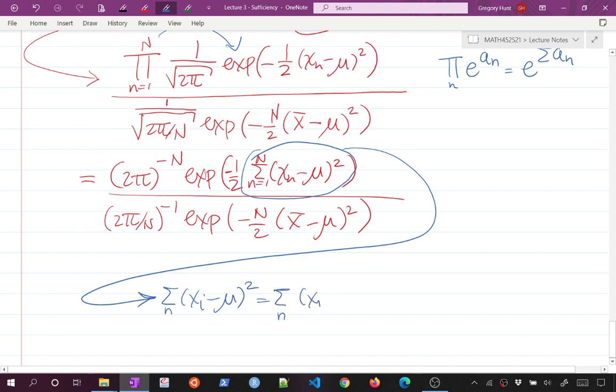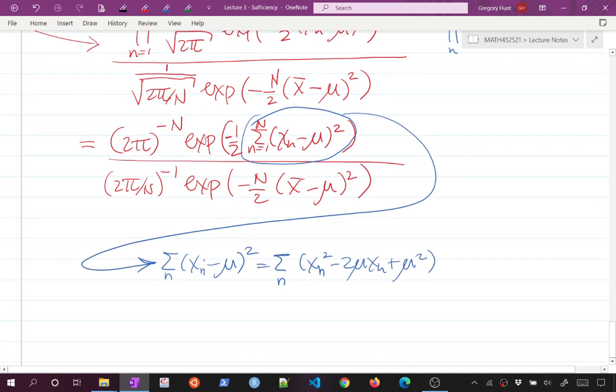This should be not x_i, but x_n squared minus 2 mu x_n plus mu squared. I'm going to push my sum through. This is the sum of x_n squared minus 2 mu times the sum of the x_n's plus capital N mu squared.